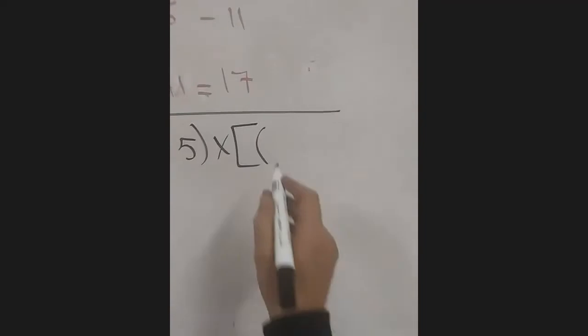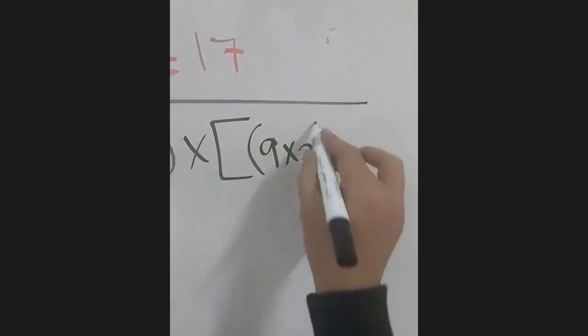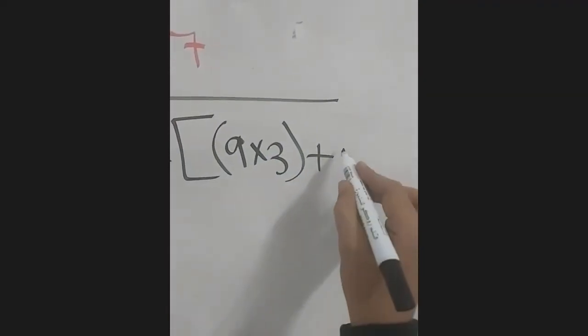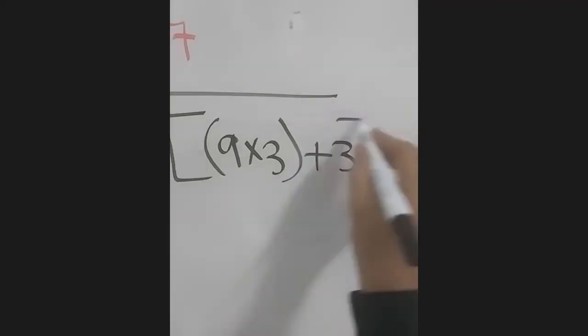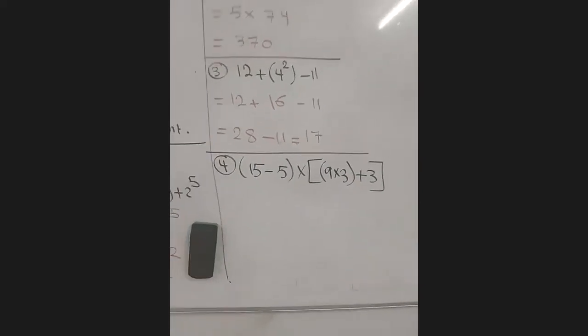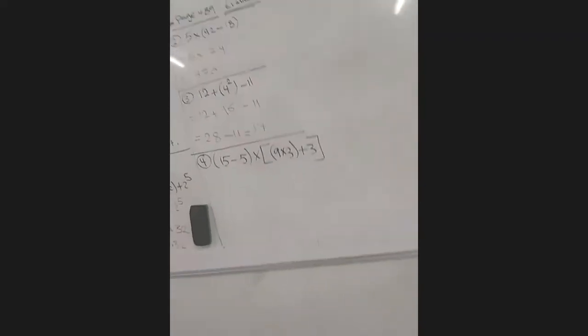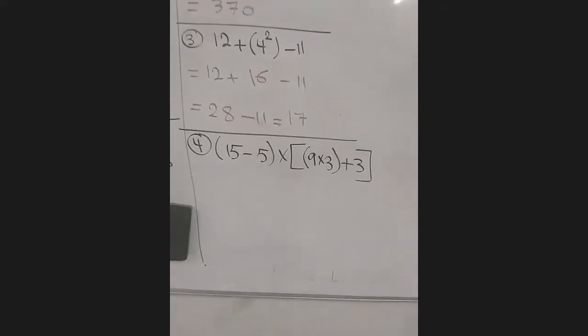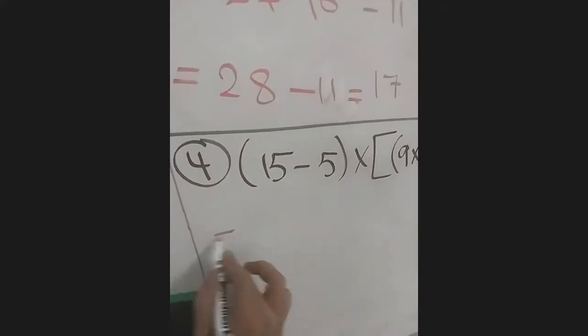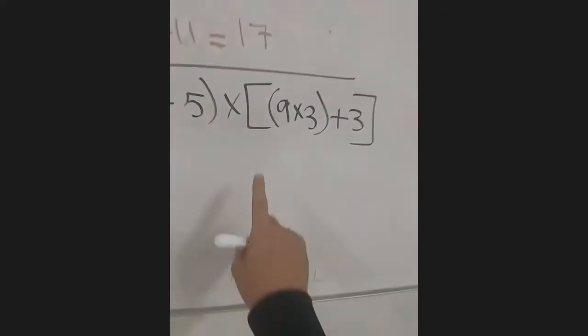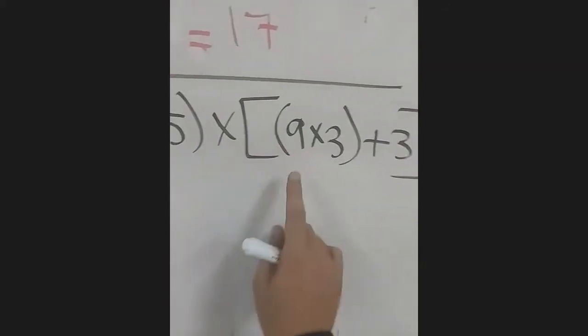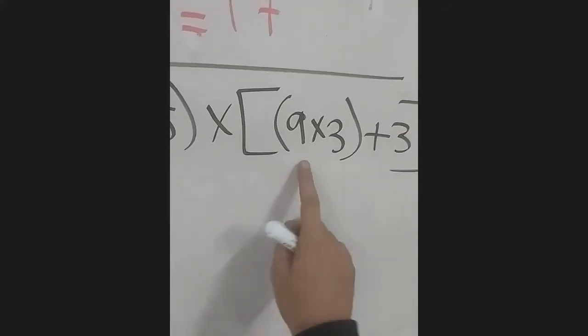Plus 3, and close the bracket, right? Now here we have a lot of brackets. Mister, what is it? The brackets. This one we call a bracket. This one we call a parenthesis, but it's okay.